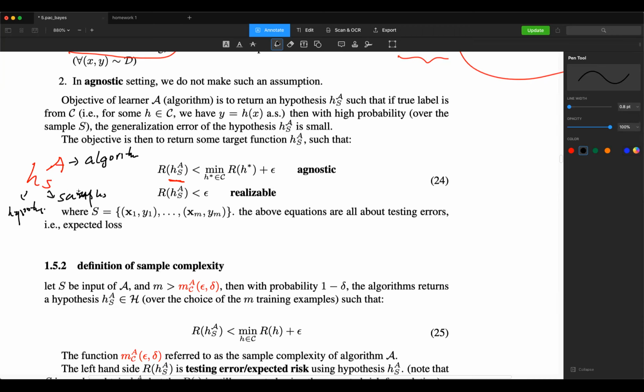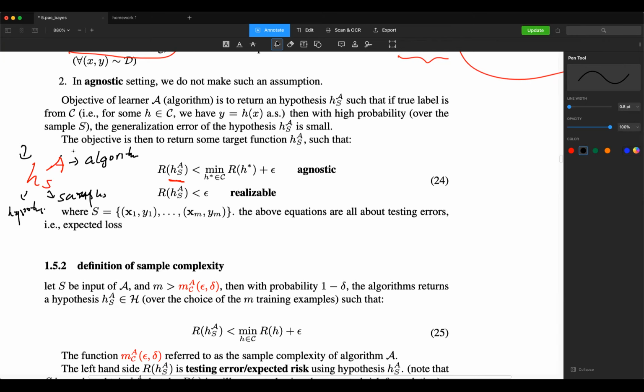By using the same algorithm, you may not derive exactly the same hypothesis, which is why it belongs to a set, but this is one of the hypotheses this algorithm is able to generate.